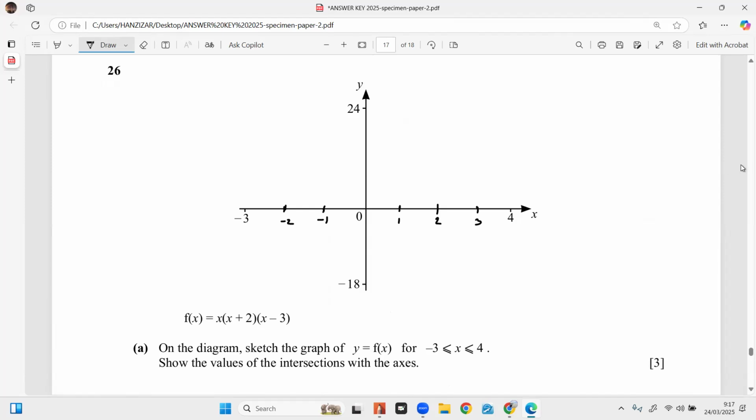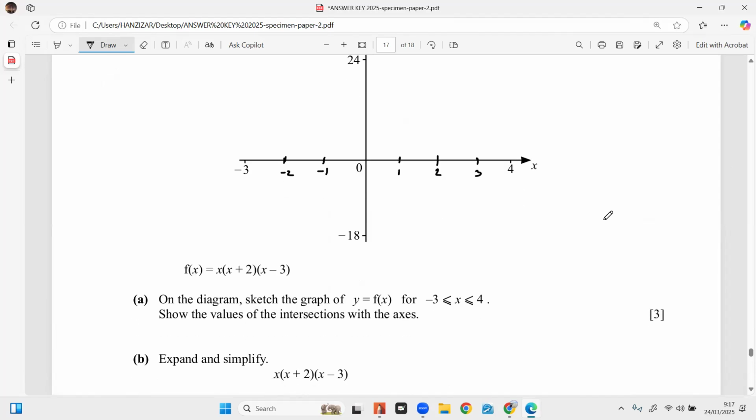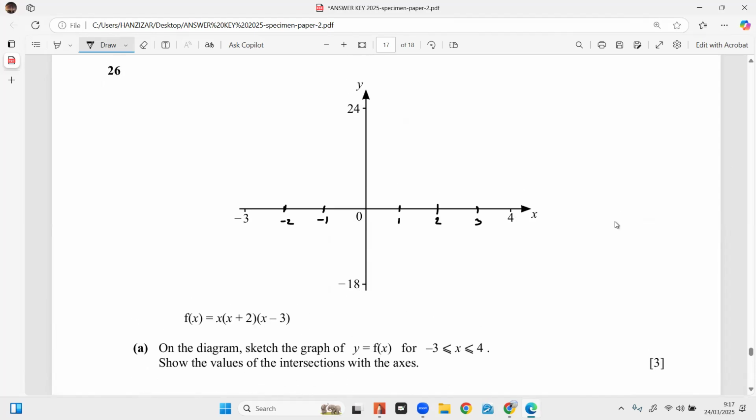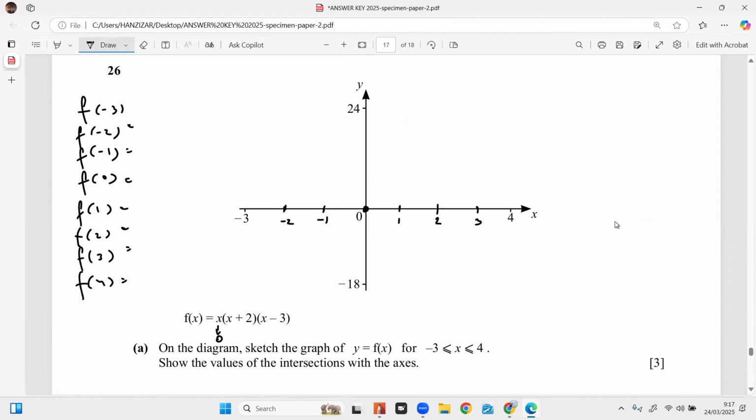F(x). If I put 0, it will be on 0, 0, right? So put f(-3), f(-2). This is the easiest way I can teach you: f(1), f(2), f(3), f(4), one by one. But think simple.